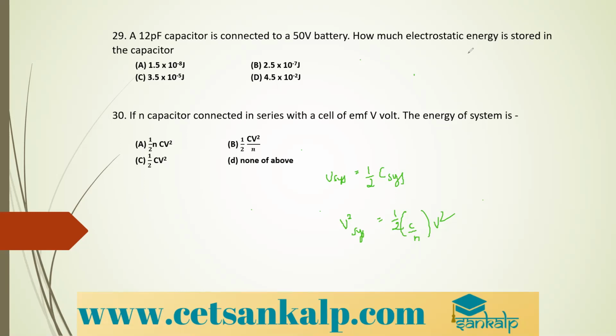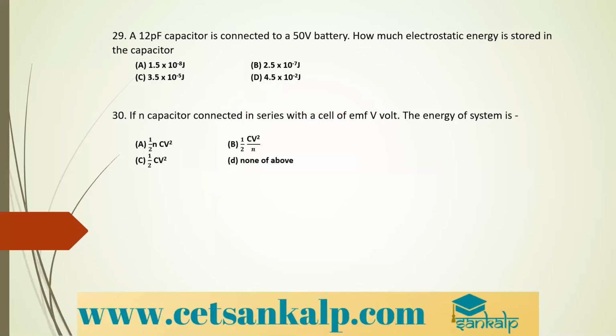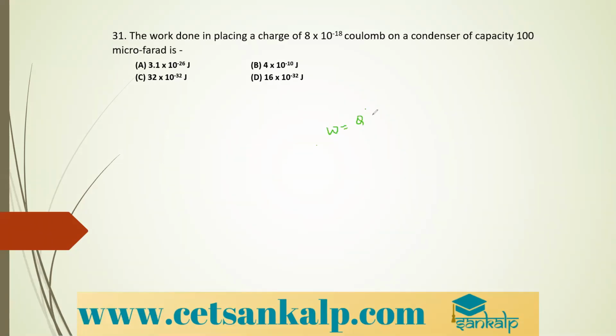Then the last question of this chapter. Using the formula itself, we can take work done is equal to Q square divided by 2C.